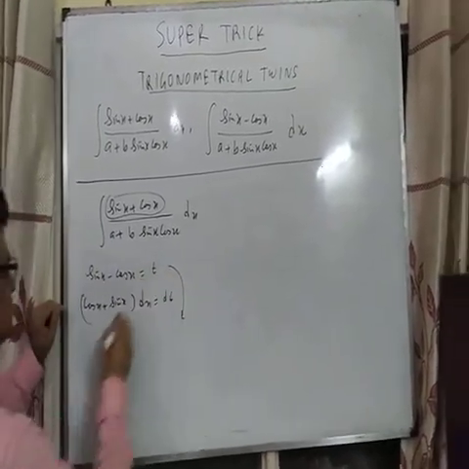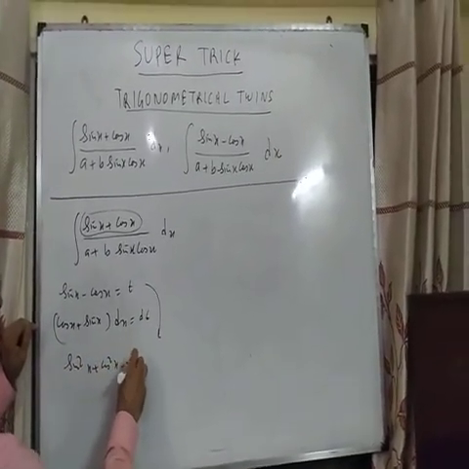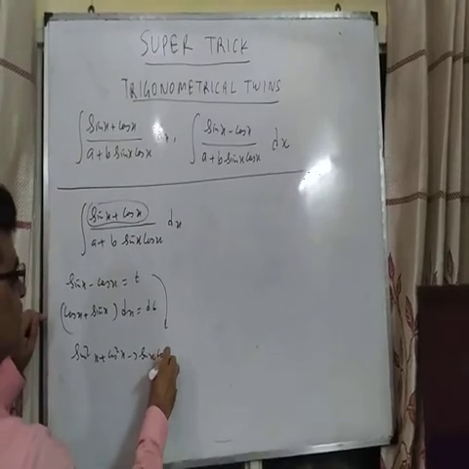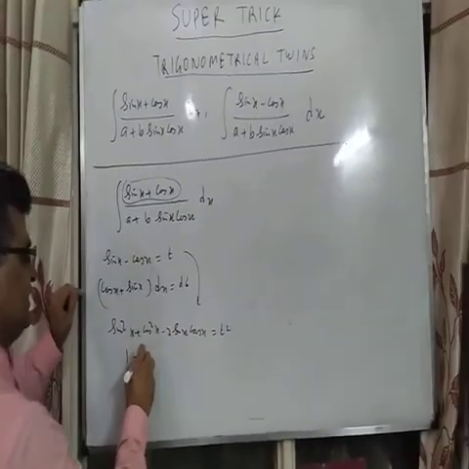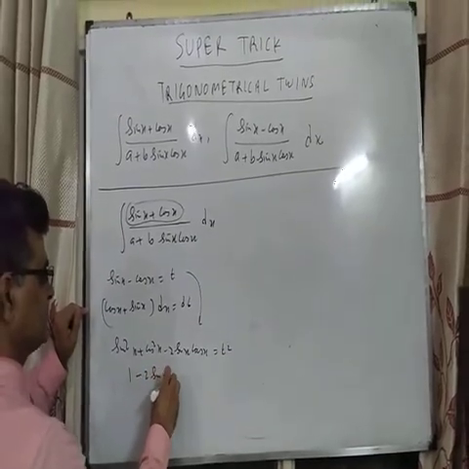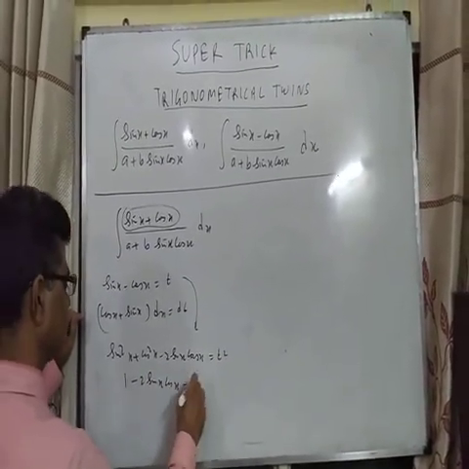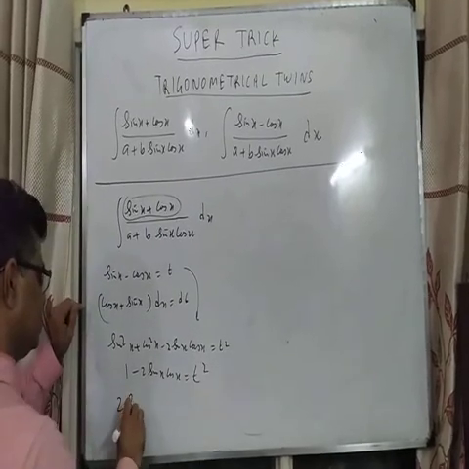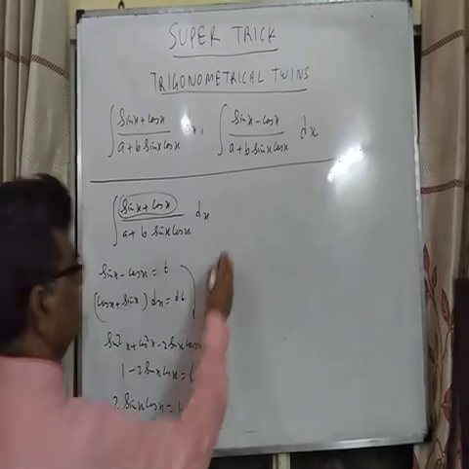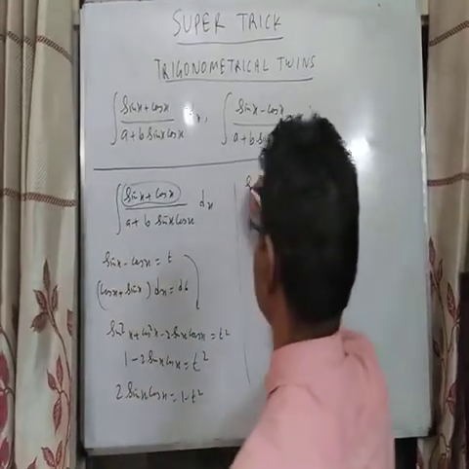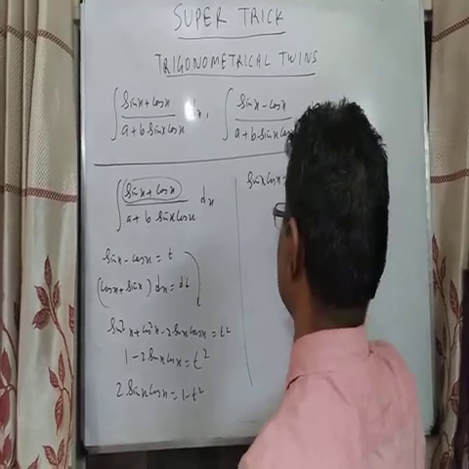Now we can square it: sin square x plus cos square x minus 2 sin x cos x is equal to t square. So 1 minus twice of sin x cos x equals t square. So twice of sin x cos x is equal to 1 minus t square, and we can write sin x cos x as 1 minus t square by 2.